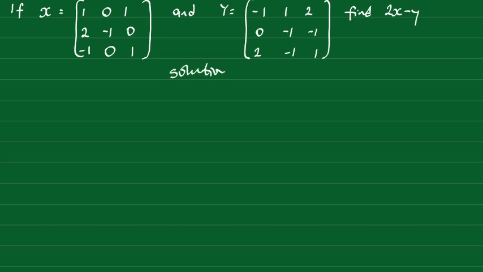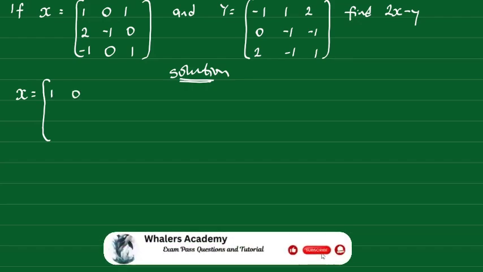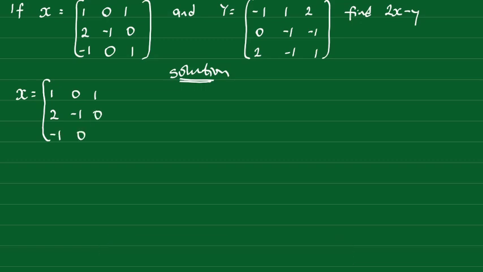Write solution. Next, we first of all solve for 2x before we proceed to look for the value of 2x minus y. Therefore, in solving for 2x, we copy our value for x again. The value for x as we are given is x equal to the matrix [1, 0, 1, 2, -1, 0, -1, 0, 1].